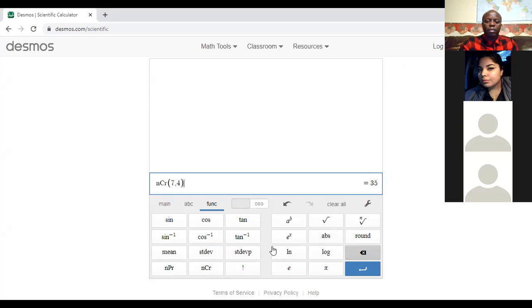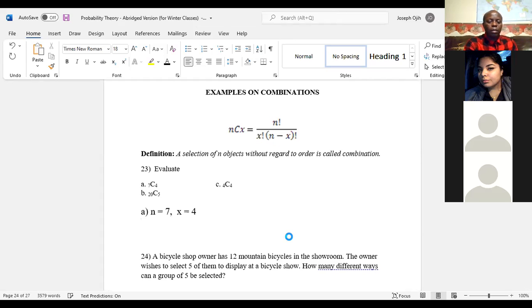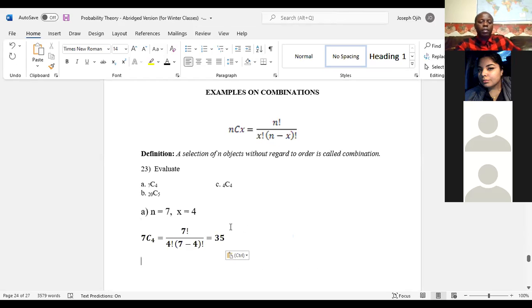About 10 minutes left. Paste it here so you can see it. So the answer now becomes 35. Once you get your n and x, put it in the calculator and it will give you the answer right away.